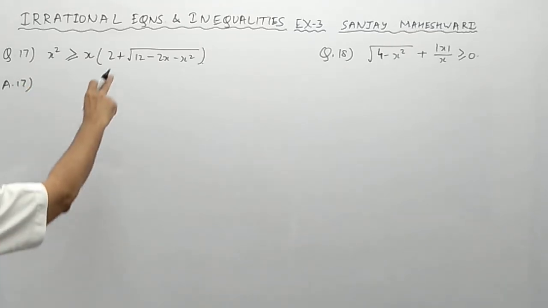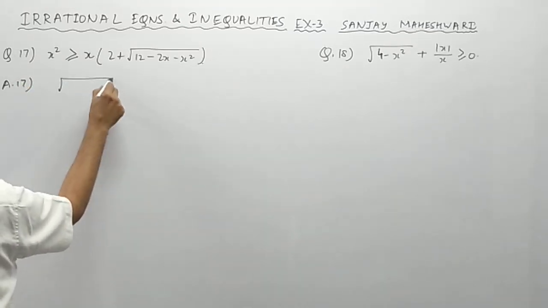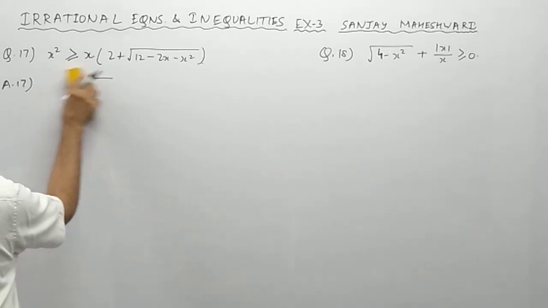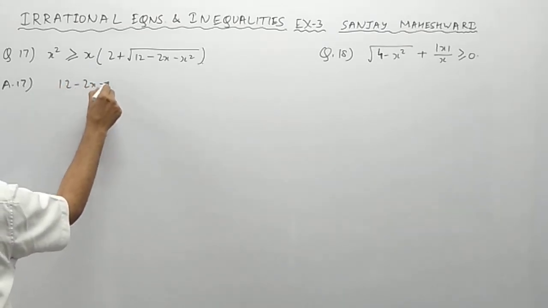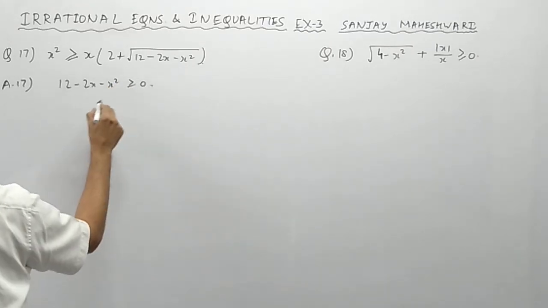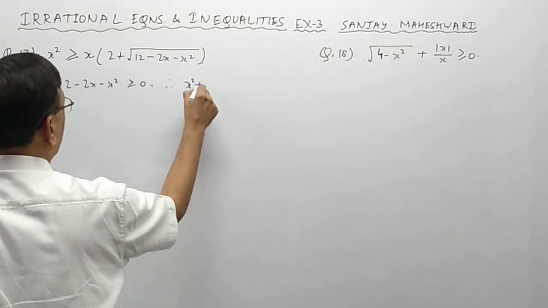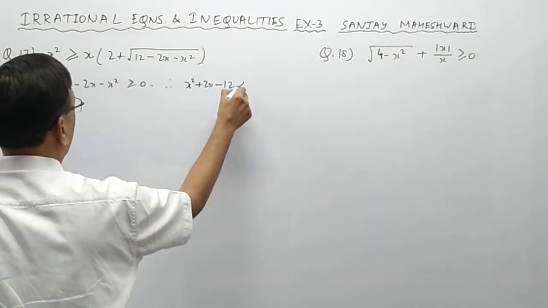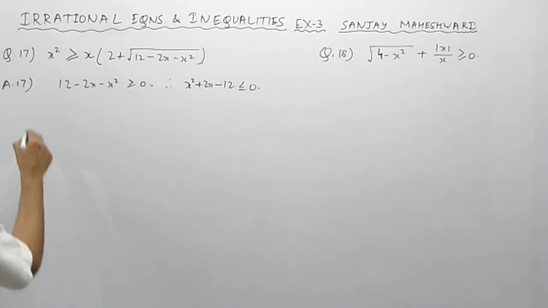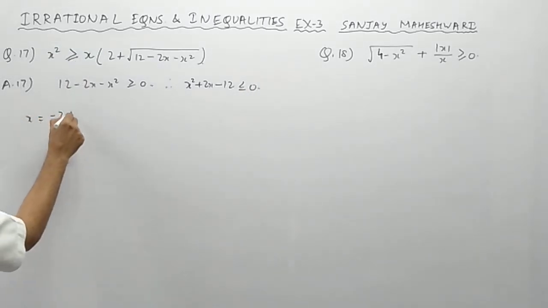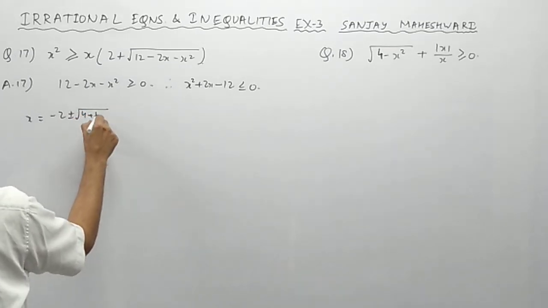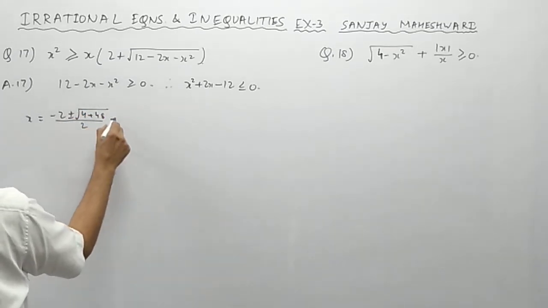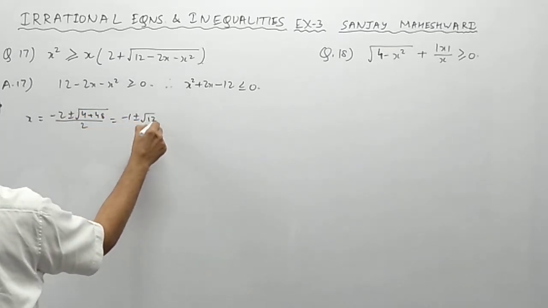First of all, you will choose this condition: expression under even root is greater than or equal to 0. Therefore, x square plus 2x minus 12 less than or equal to 0. We can see here that x equals minus 2 plus minus root over 4 plus 48 by 2, that is equal to minus 1 plus minus root 13.